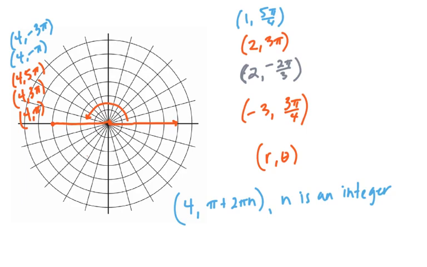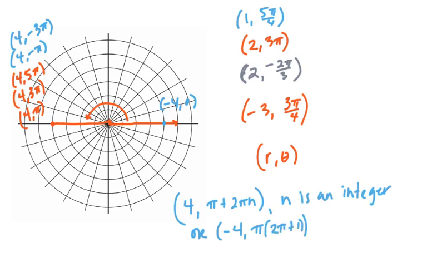So if we had here, we could call this (-4, 0). So it could also be (-4, pi plus pi times (2n plus 1)). Because we have to add one, it's not in the same spot.